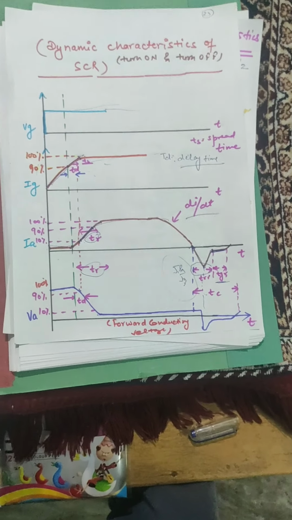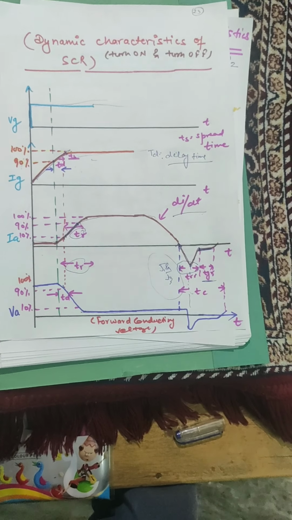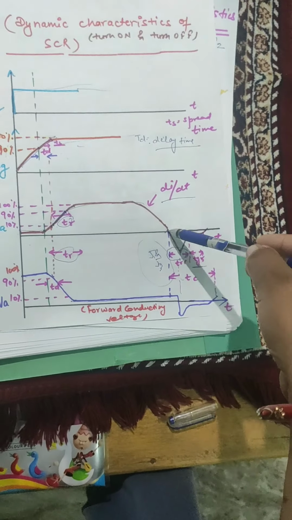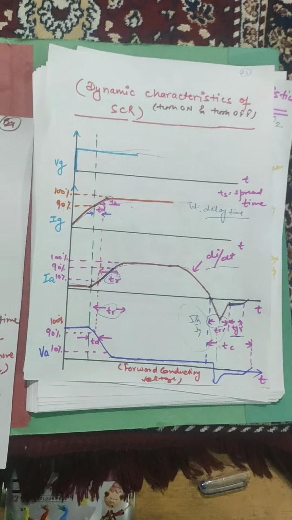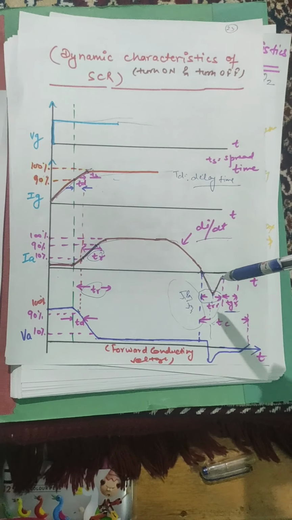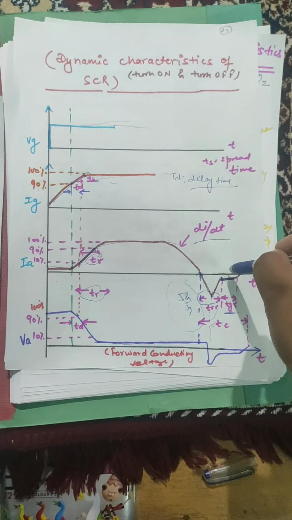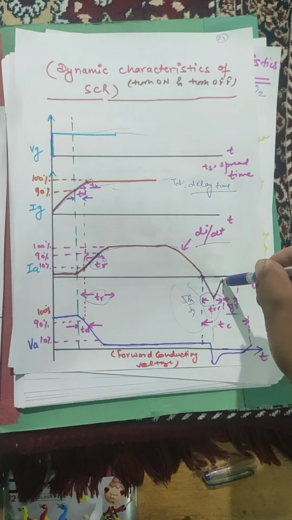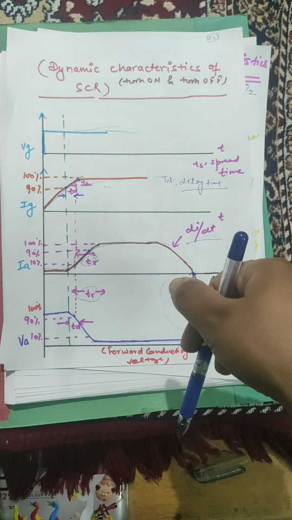We talk about reverse recovery time in diode classification: the Schottky diode, general purpose diode, and fast recovery diode. When a diode, SCR, or any power component gets current from 0 to a certain value by recovering its junctions, that is called reverse recovery time.